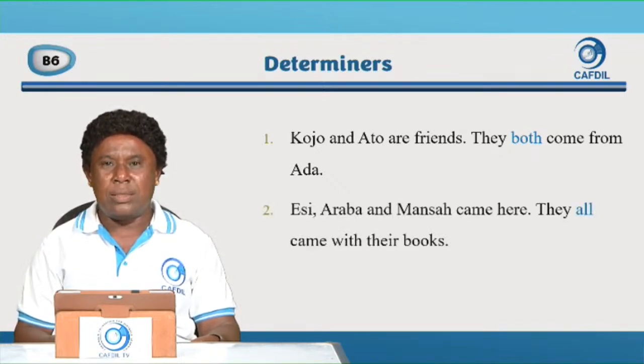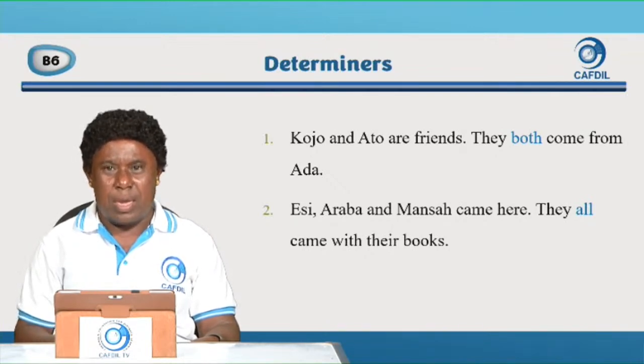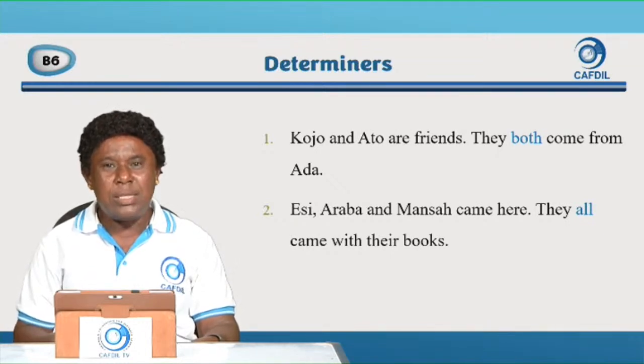Let's go to the next sentence. Esi, Araba, and Mansa came here. How many people did we hear? Esi, Araba, and Mansa came here. Three people, more than two. So let's see how we're going to make the sentence.